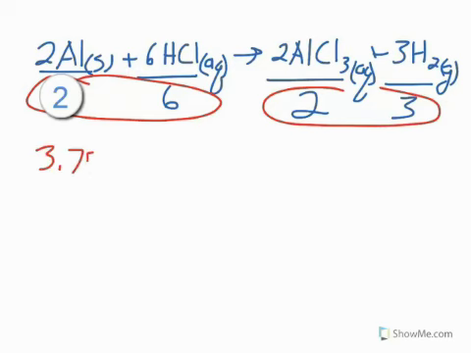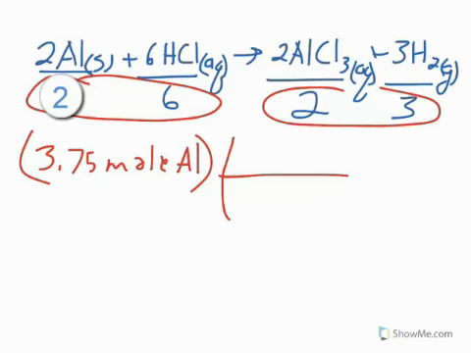3.75 moles of aluminum, I could ask the question, how many moles of HCl do I need to react with all the aluminum? And so I know from the stoichiometry that it takes 6 moles of HCl to react with 2 moles of aluminum.